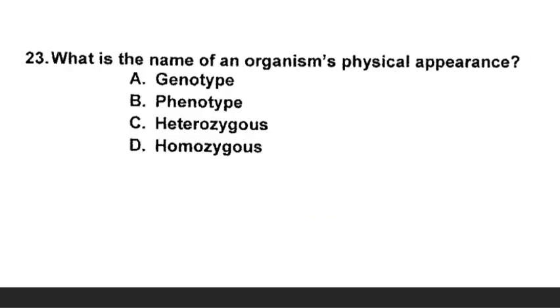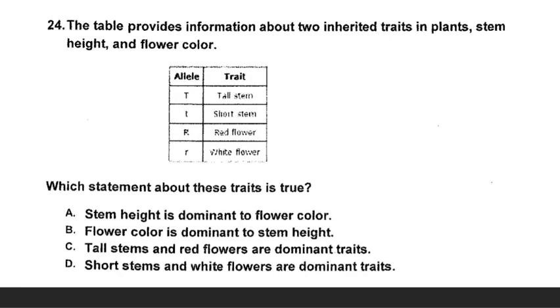23, what is the name of an organism's physical appearance? Remember, we said hetero is different, homo is same, so this is talking about your genotype, which are your alleles. So that leads us to these 2 right here. The table provides information about 2 inherited traits in plants: stem height and flower color.